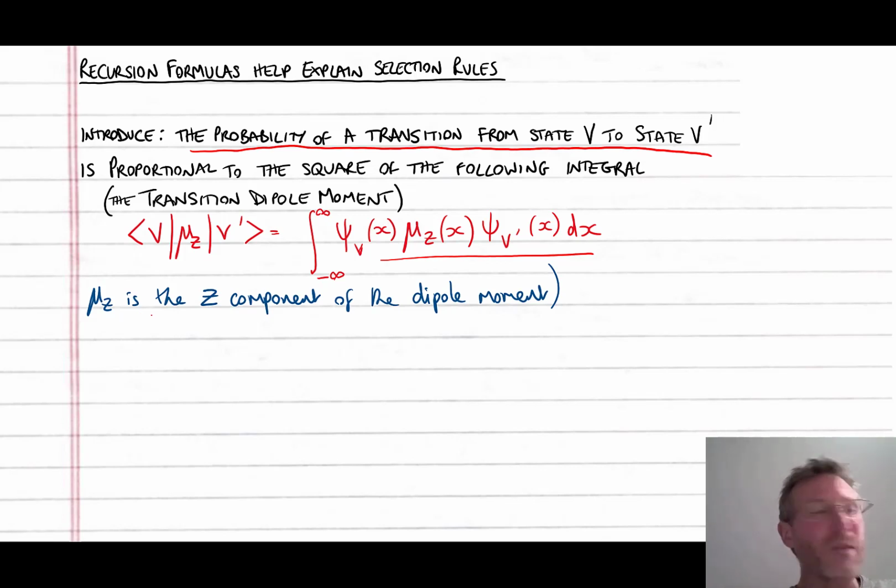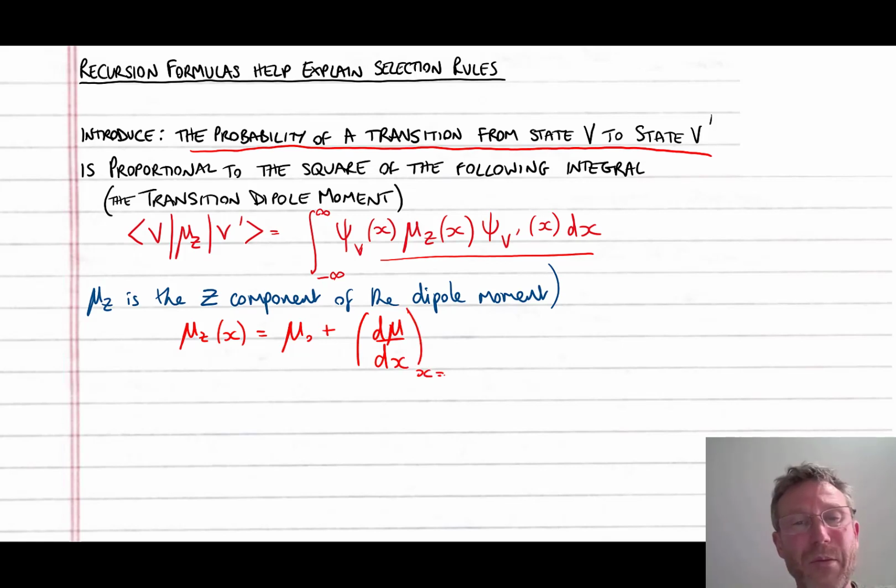We can use our Taylor expansion approach, so mu z as a function of x is equal to mu naught plus d mu by dx, where x is equal to 0, multiplied by x, plus, and so on and so forth. That's our Taylor series expansion.